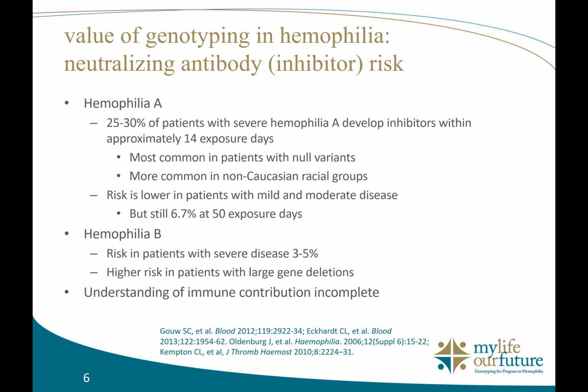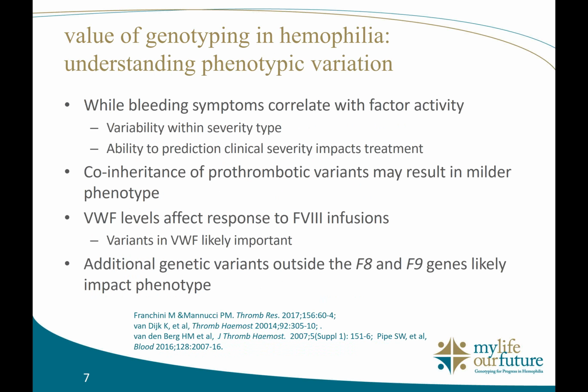The risk is lower in hemophilia B, but still present, and it's seen primarily in those with severe disease and particularly large gene deletions. And our understanding of inhibitor formation certainly requires our understanding of the contribution of the immune system. And that is, we still have a lot of work to do in that area.